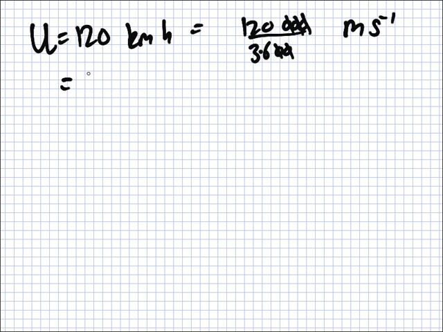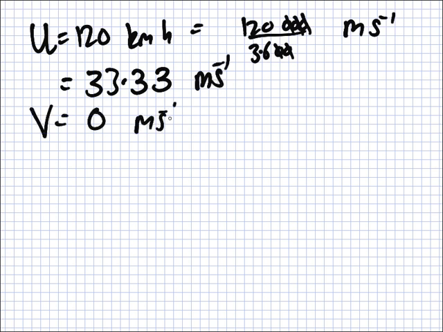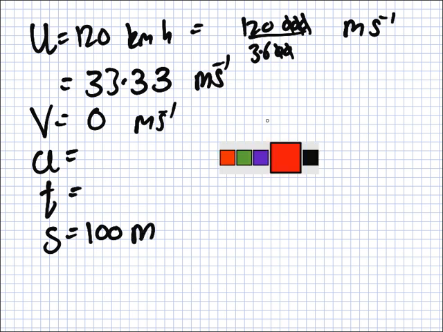What is it? 33.33. Okay, the V is 0. The A, don't know. T, don't know. S, 100 meters. And what did I want first? The A? Yes.